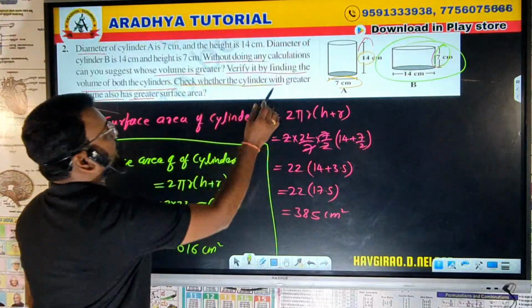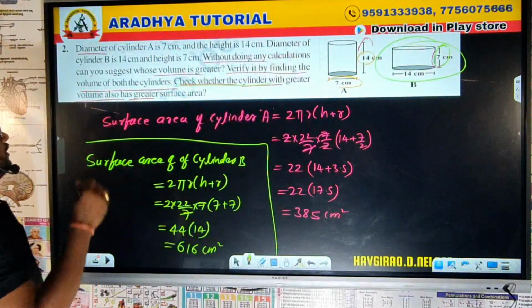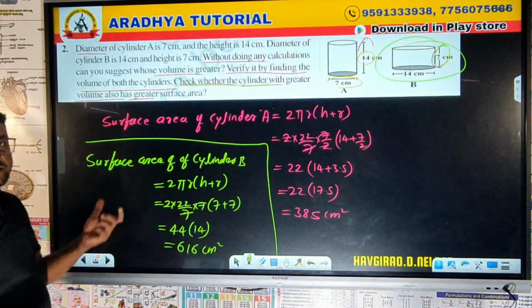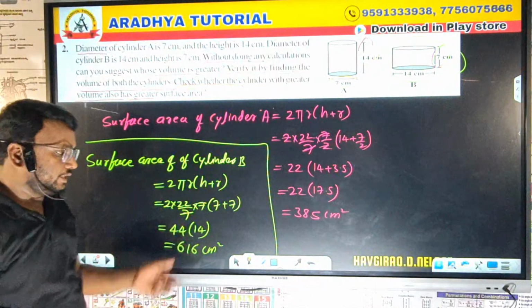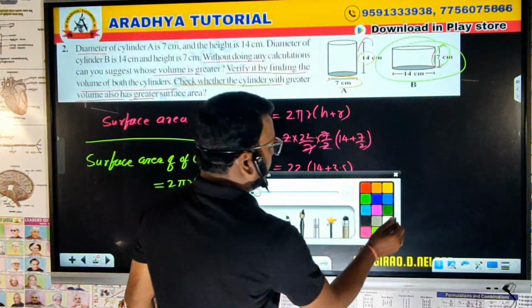What do they ask? Check whether the cylinder with the greater volume also has the greater surface area. Yes, here if the volume is greater, then the surface area is also greater. Right, here is the last conclusion.